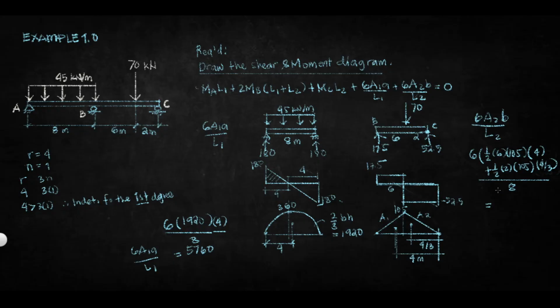Compute natin, 6 quantity, 1 half, times 6 was 105, times 4, i-add natin second, which is 1 half, times 2, yung kanyang base, yung height niya is 105, tapos, kanyang centroid from right is 4/3.